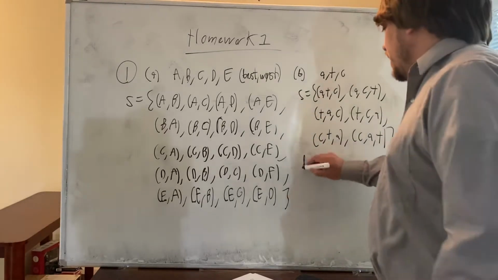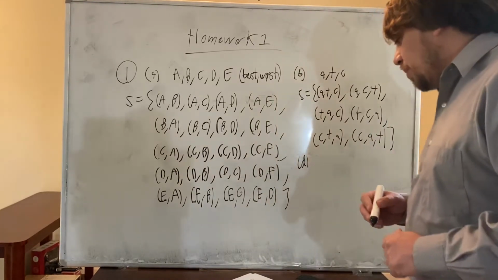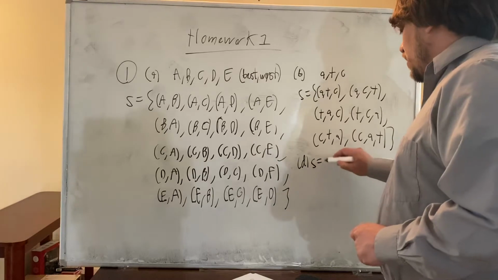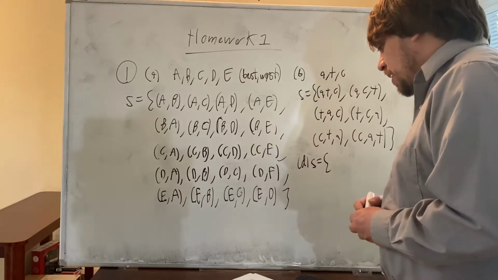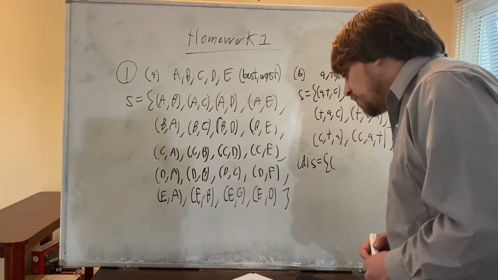And let's look at part D. Part D is toss a coin 3 times and record the outcome after each toss. H is heads, T is tails. So it's going to be 3 times.